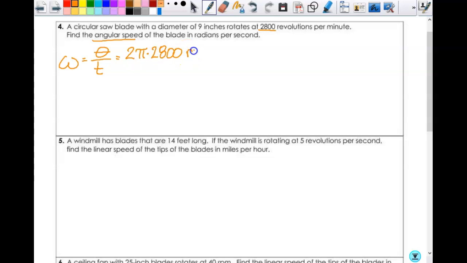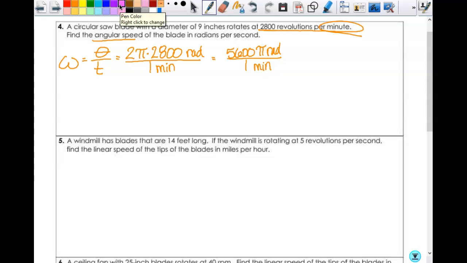All right, so that's going to give me radians in the numerator, over, I get the time, revolutions per minute. That means this is for every 1 minute. So what's 2 times 2,800? 56. So it's 5,600 pi radians for every 1 minute.